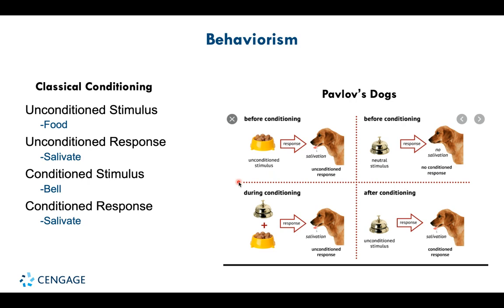But what he noticed, and the reason that he started doing these experiments that we would now call psychology, was that the dogs started salivating just when he walked in the room, even before he had given them the food, which meant that the dogs had learned to associate his coming into the room with the presentation of the food, just like Pavlov would go on to teach them that the bell can be associated with the food and then elicit the salivation.